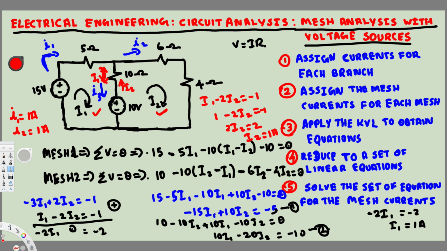And this one, i3, we have i2 going in this direction, i1 is going in this direction. If I take along i3's path, i1 is going along i3, so this is going to be positive 1, and i2 is going opposite of i3, that's going to be minus 1, that's going to make this one 0. So i1 is going to be 1 ampere, i2 is going to be 1 ampere, i3 is going to be 0, and those are going to be our answers.